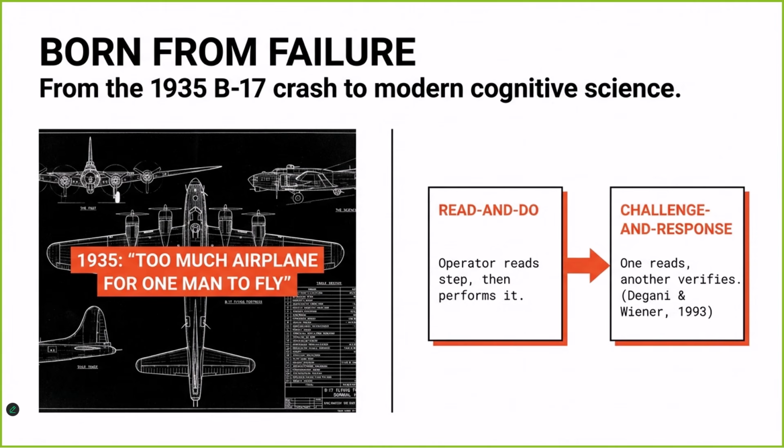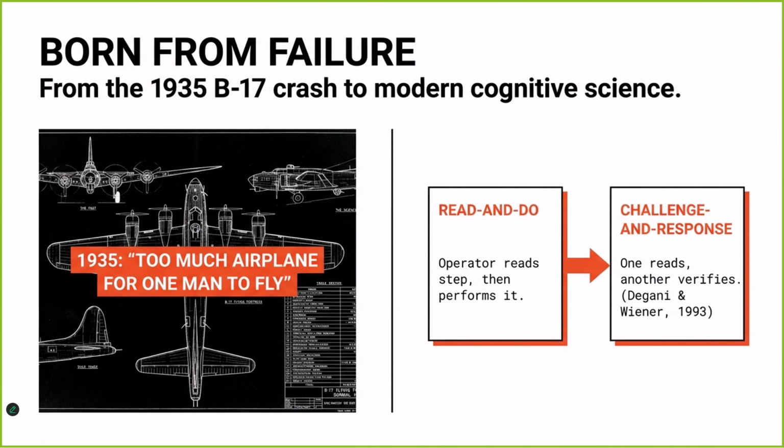Interestingly, it was found through research, reported, as I reference here, in 1993 in one particular study, that challenge and response is more effective than read and do. So read and do is a one-person operation. Challenge and response is a two-person operation. So with read and do, I take the checklist and I go down the list checking things off.